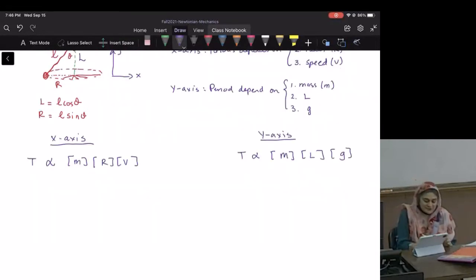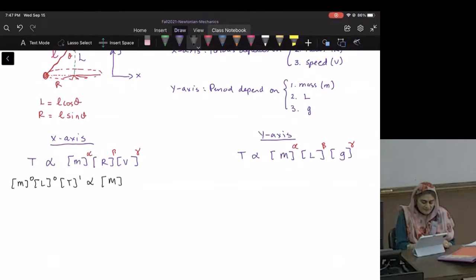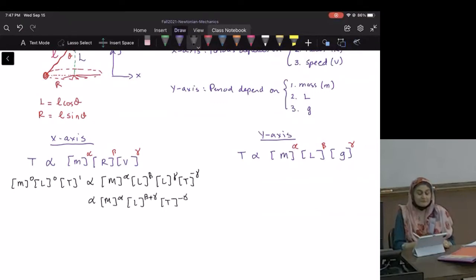Again, we'll do the alpha, beta, gammas. Alpha, beta, gamma, alpha, beta, gamma. It's the same repeated. Beta plus gamma and T minus gamma.